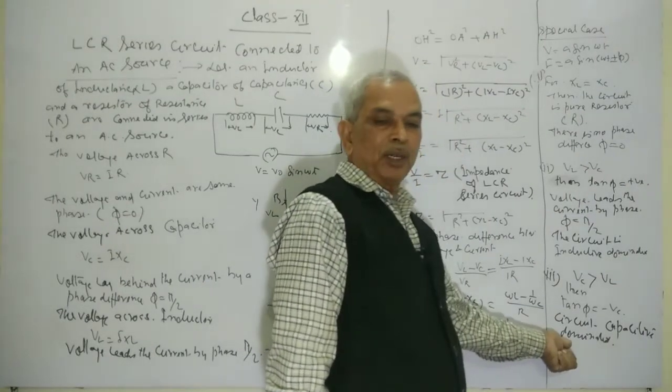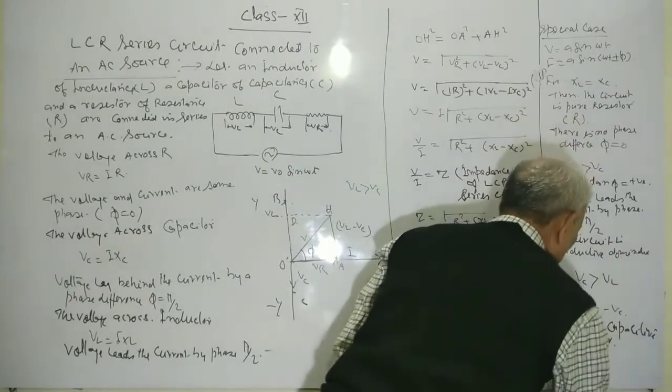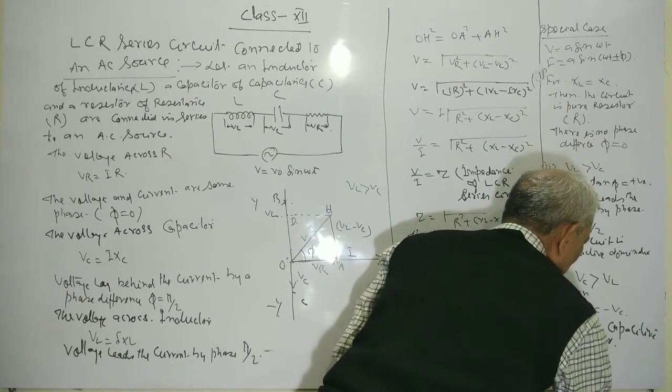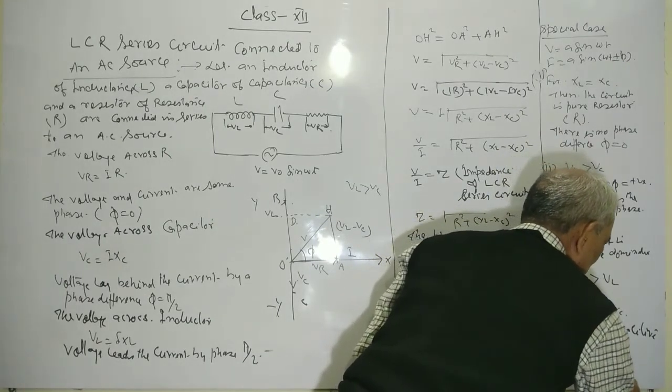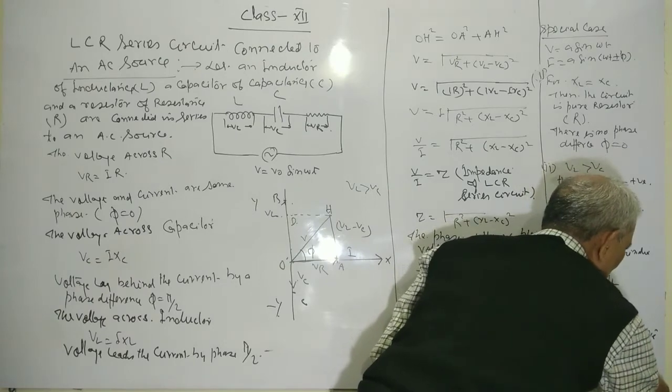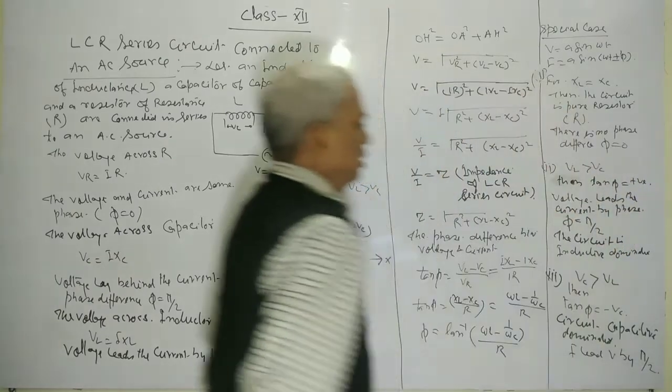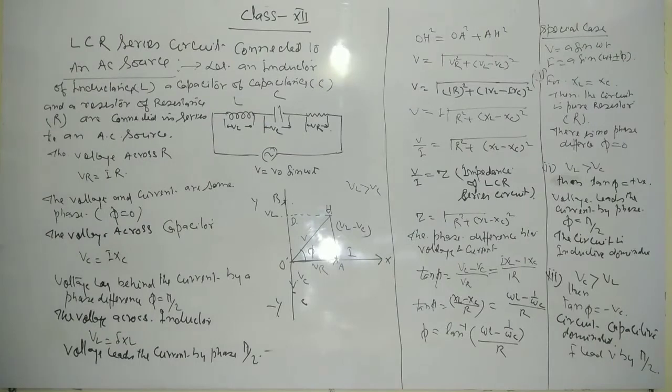Current leads the voltage, I leads V by up to pi by 2. This is all about the LCR circuit.